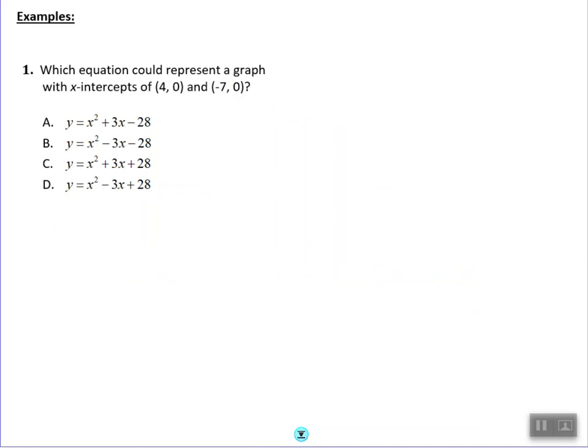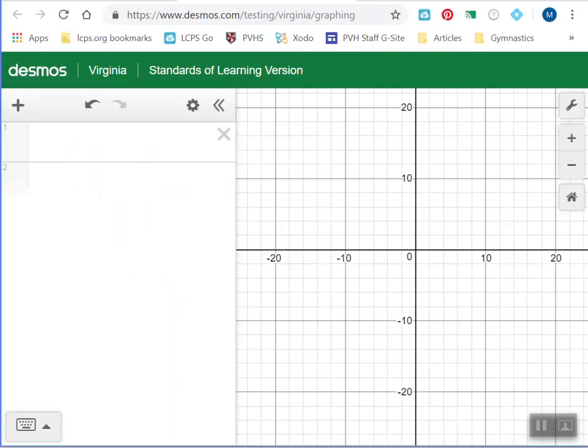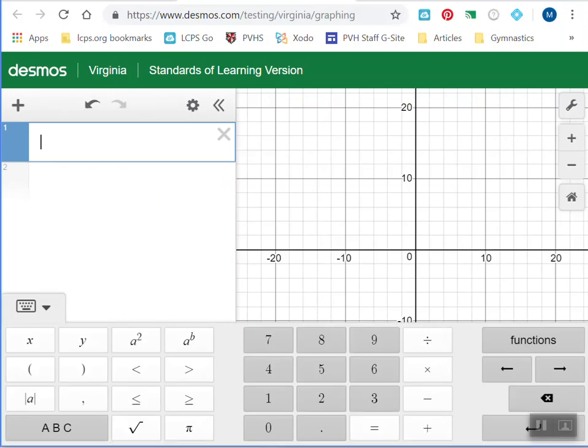First, we have: which equation could represent a graph with x-intercepts of (4, 0) and (-7, 0)? You'll notice that it asks for the x-intercepts. So we want to graph each of these equations and see where they cross the x-axis. So if we go to Desmos, we type in our first equation.